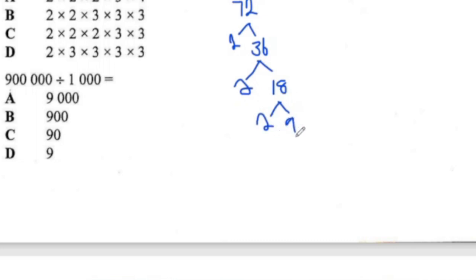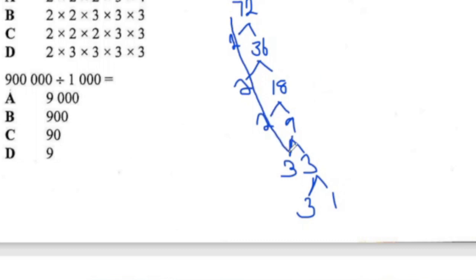Then the smallest prime number that can go into 9 is 3. How many times? 3. The smallest prime number that can go into 3 is 3. How many times? 1. So now we can pick these numbers here.